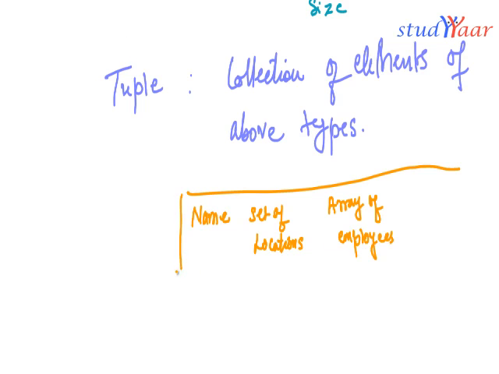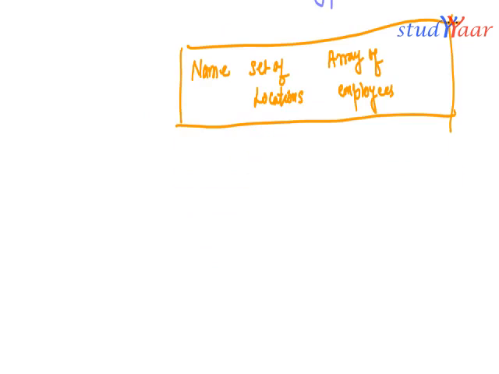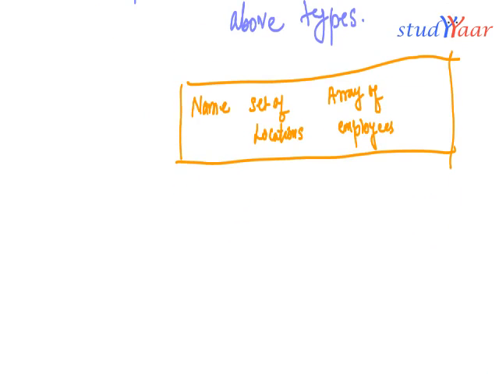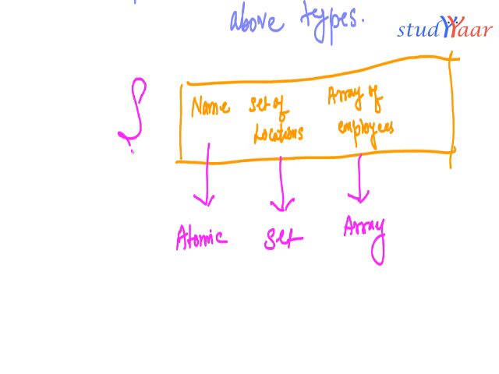So this is my tuple. My name is an atomic type constructor over here, my set of locations is a set, my array of employees is an array, and this whole collection is called a tuple.